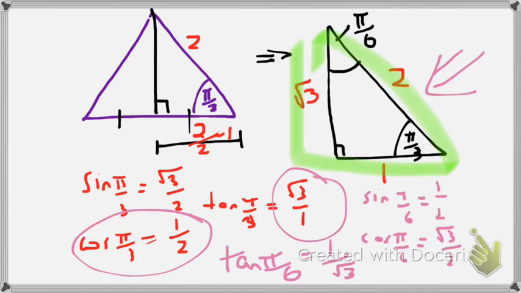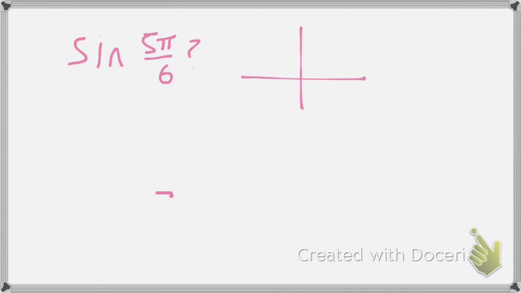Now, the next thing that we'll do, and I'll do this very briefly, is I'll say to you, what is sine 5 pi on 6? Well, 5 pi on 6 is 5/6 of the way around, so it's over here somewhere, which makes this angle in here the related angle, pi over 6.